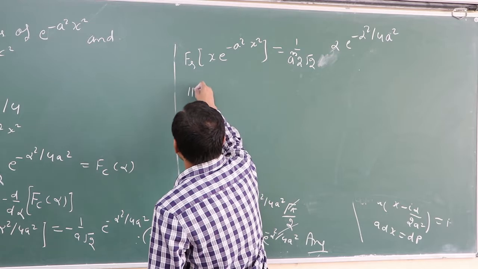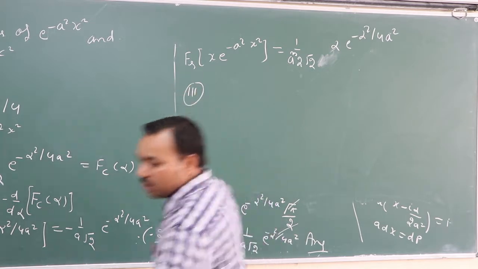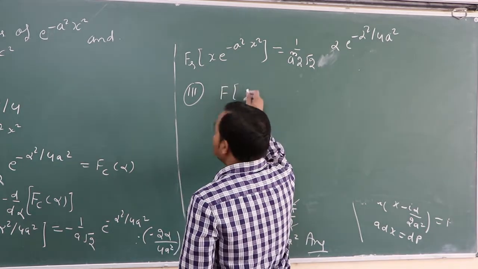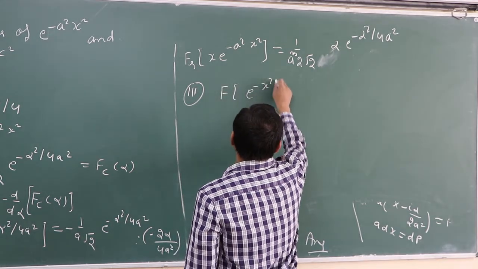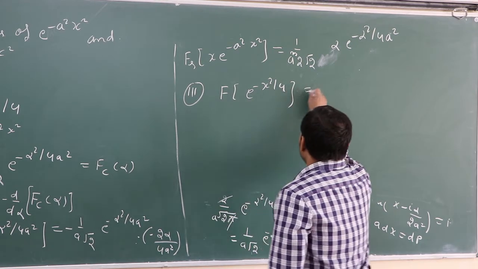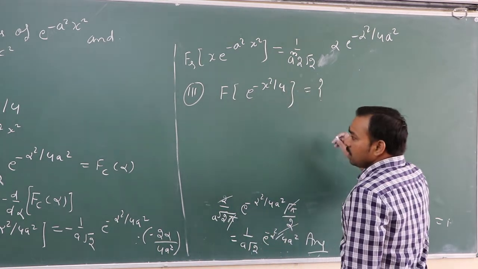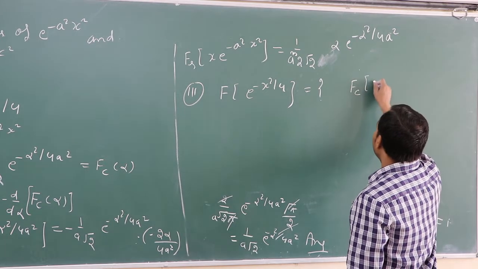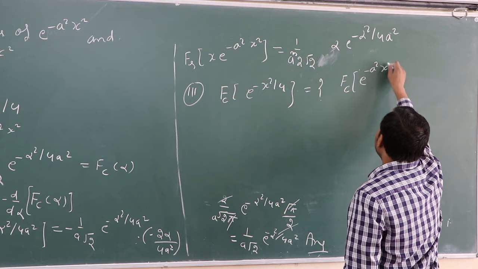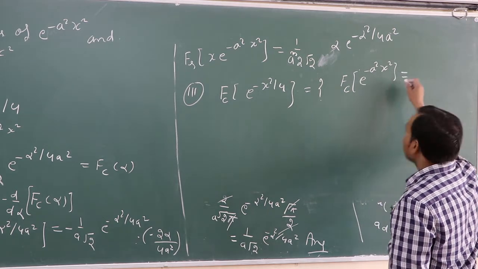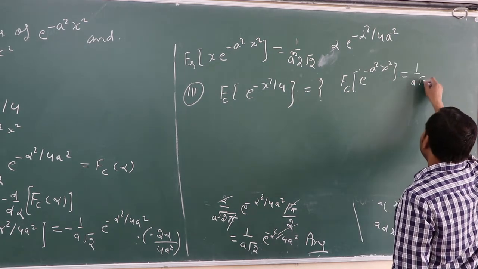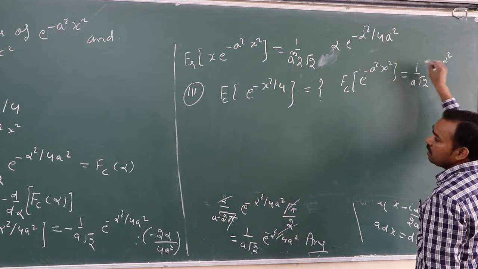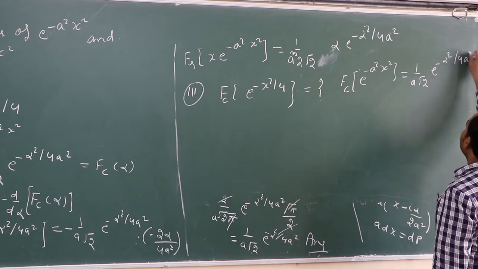Now we want to find the solution of the third one, the cosine transform of e to the power minus x square upon 4. As we know, the Fourier cosine transform of e to the power minus a square x square equals 1 upon a under root 2, e to the power minus alpha square upon 4a square.